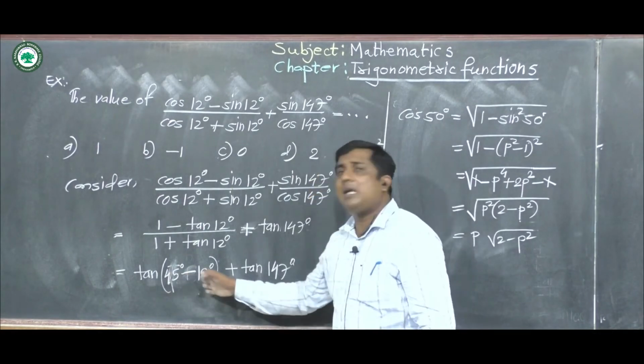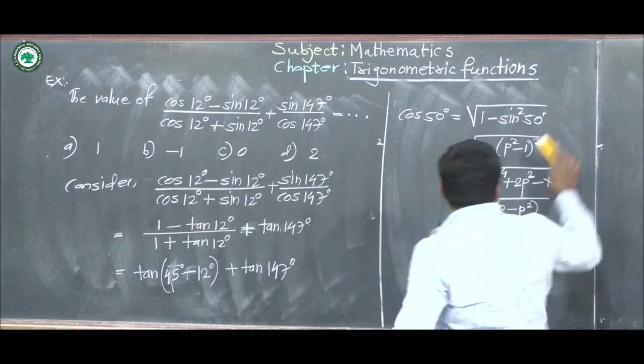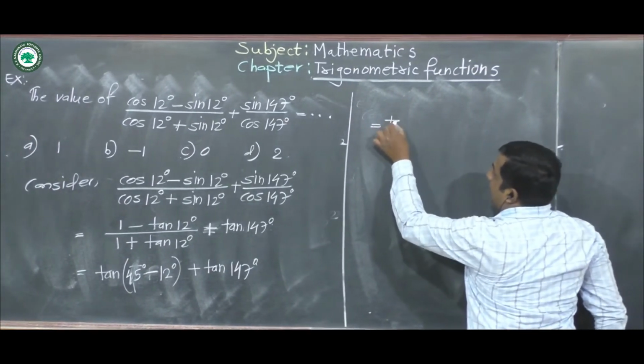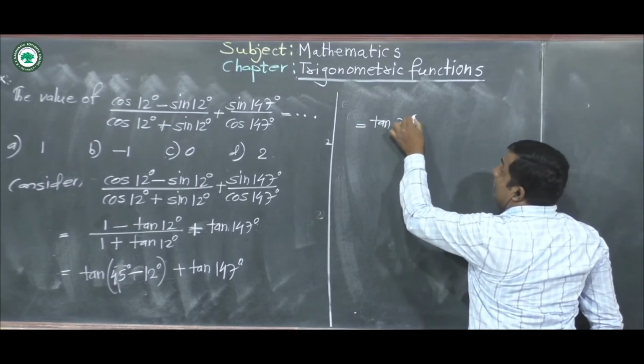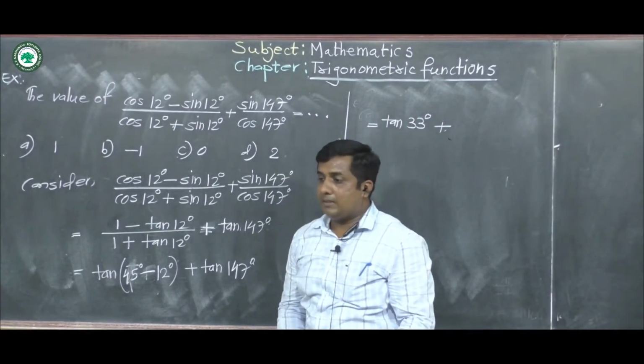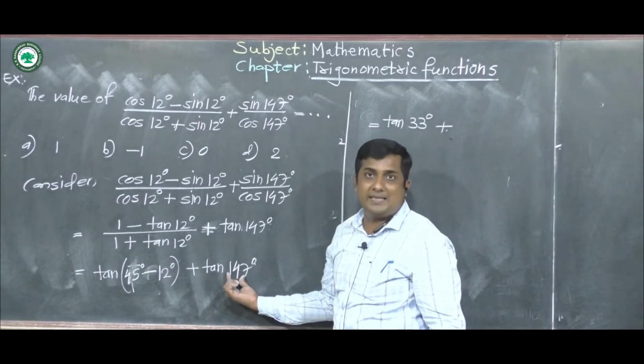We know 45 degree minus 12 degree is 33 degree, so this is equal to tan of 33 degree plus tan of 147 degree.